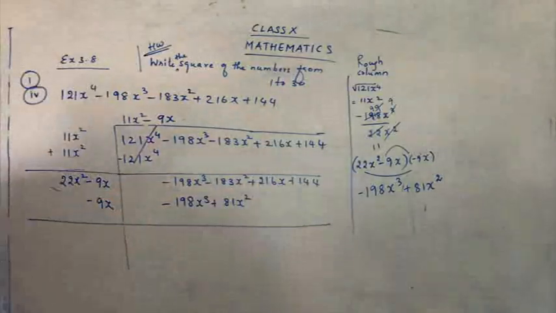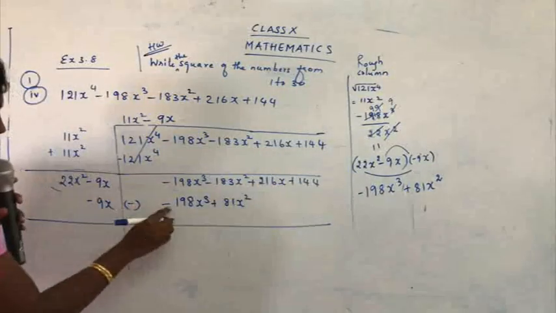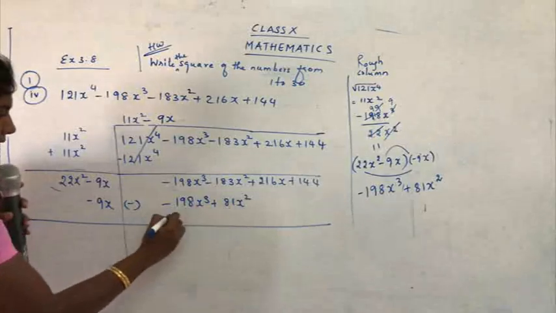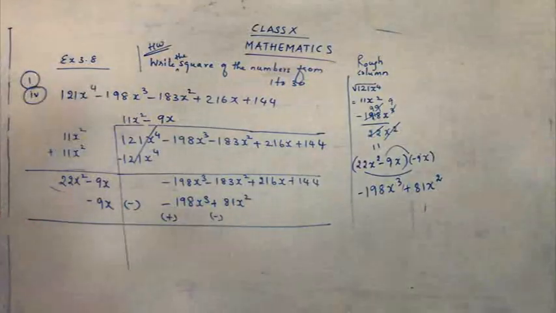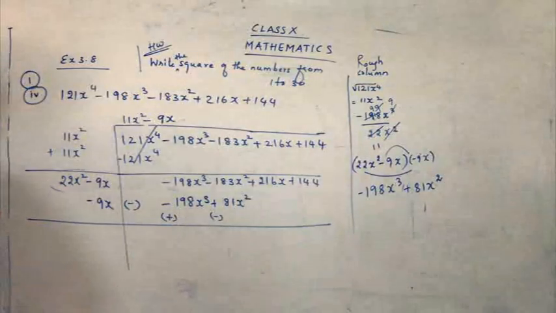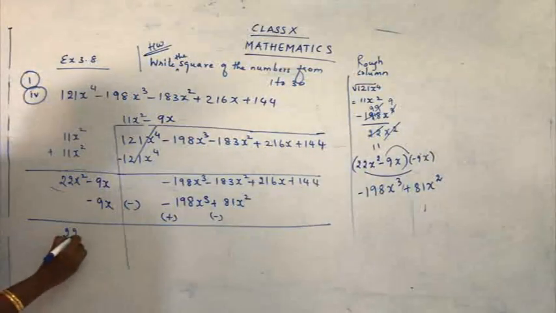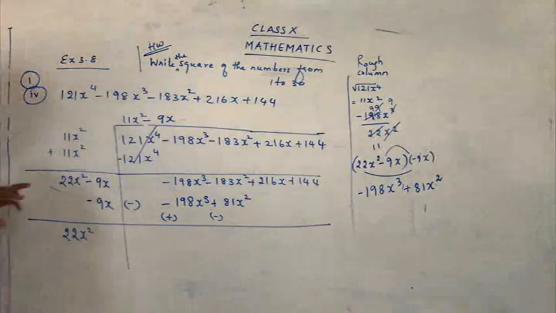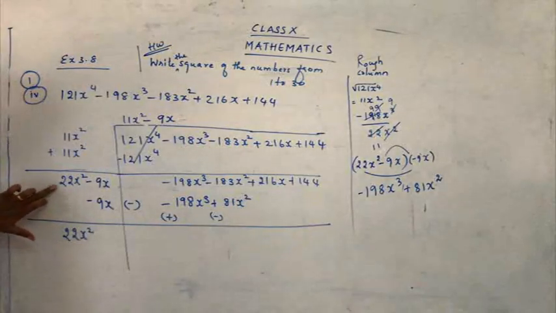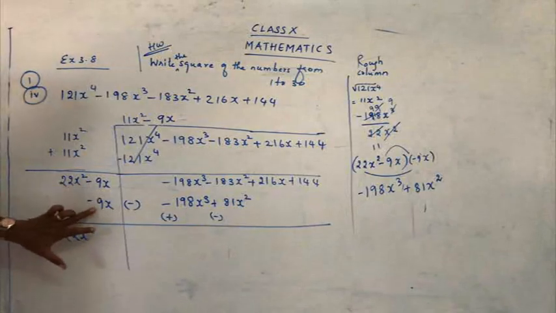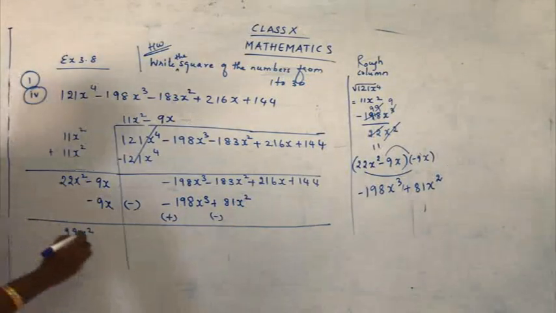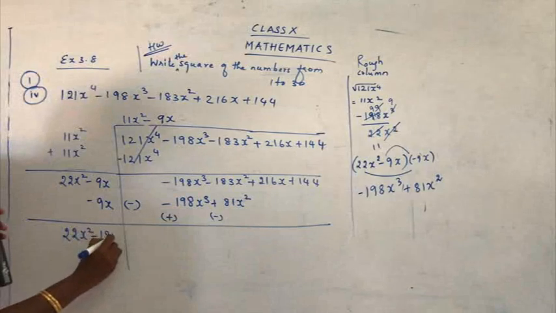Okay. So the main sign is minus. So you have to change the sign here. Plus minus. Let's simplify the sum. 22x square. Here we don't have any pair to be added. So just keep 22x square as it is. Minus 9x minus 9x minus 18x.